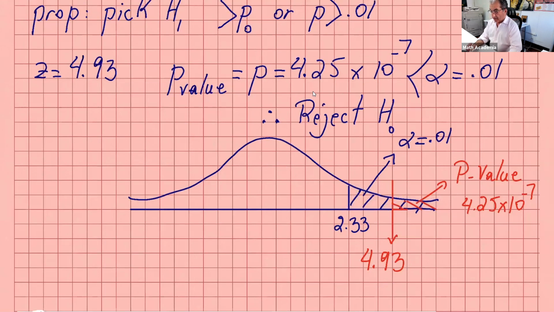If the P value is smaller than alpha, then you say reject H0. This is the second way of making the conclusion. If you know one way, it's good enough, but know both ways.